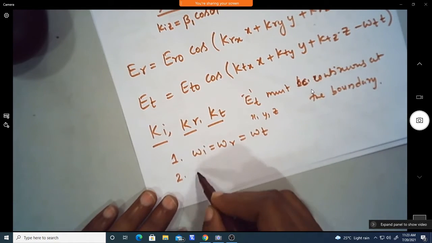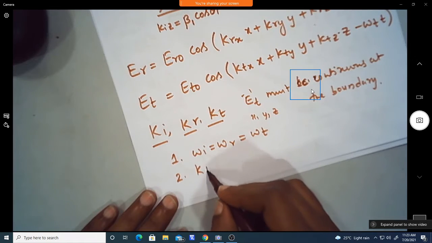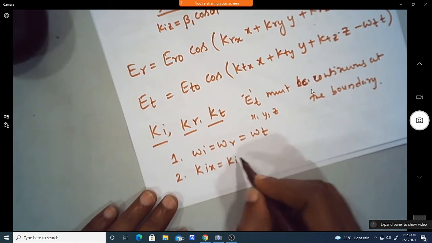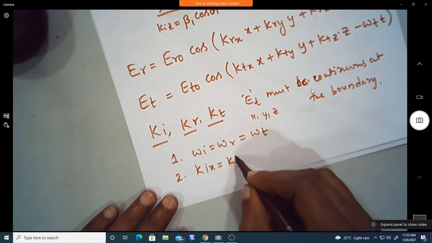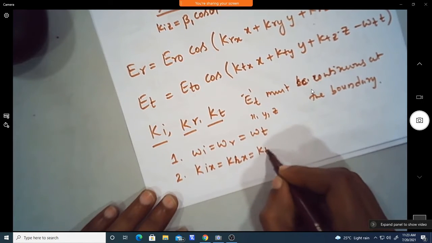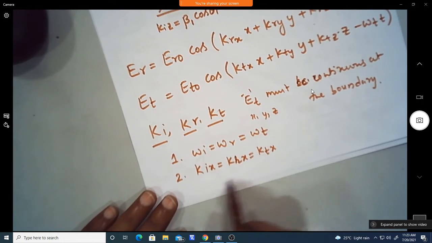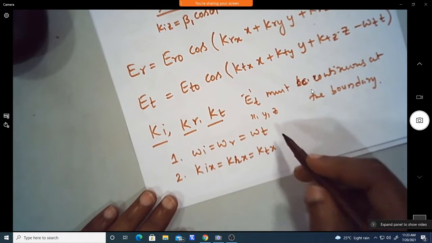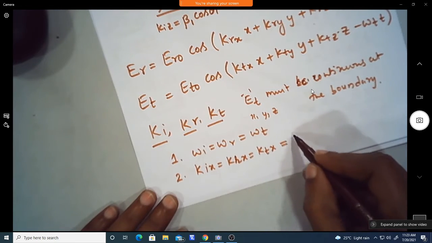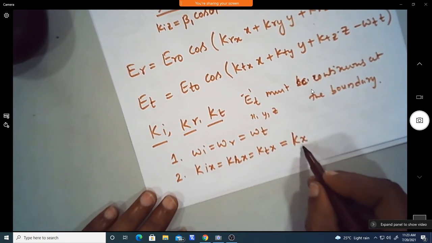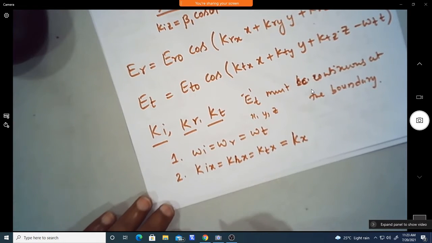And the second condition is that the x components, that is kix, krx and ktx, all the x components of the incident, reflected and transmitted fields should be equal to the x component of the propagation vector.